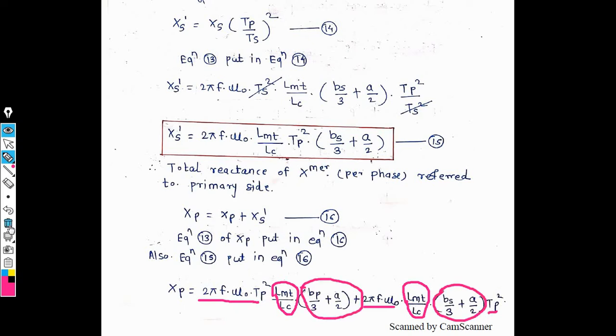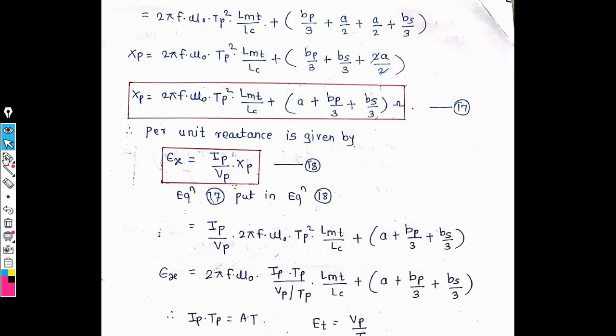Then take the addition of the remaining terms. The next equation is 2 pi f into mu 0 into Tp square Lmt upon Lc, into Bp upon 3 plus A by 2 plus A by 2 plus Bs upon 3. Then Xp is equal to 2 pi f into mu 0 Tp square into Lmt upon Lc, and on taking the addition of both, twice A upon 2 gets cancelled.